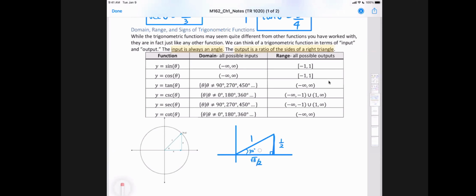Since sine is opposite over hypotenuse, the opposite side is 1/2 and we divide by 1. So sine of 30 degrees is 1/2, right? Our input was an angle, and our output was comparing the opposite side to the hypotenuse, but our hypotenuse is 1.